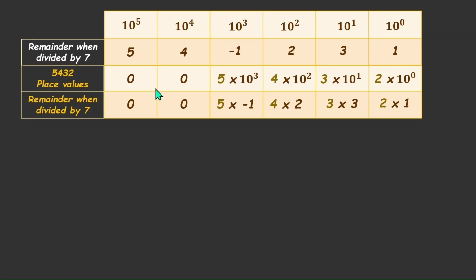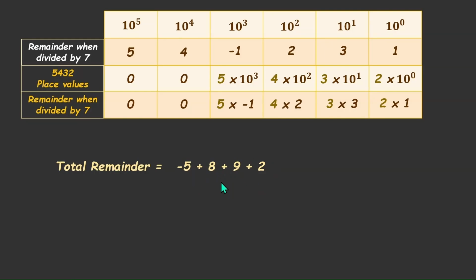And now we know that we get the entire number 5432 when we add all of this up. So we'll get the total remainder also when we add all of these terms up. So the total remainder that we get when 5432 is divided by 7 is 5 into minus 1, so that's minus 5, plus 8, plus 3 into 3 is 9, plus 2 into 1 is 2.